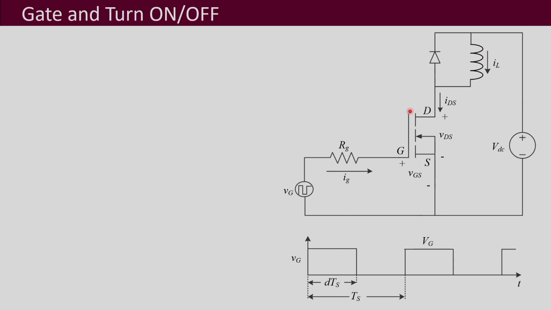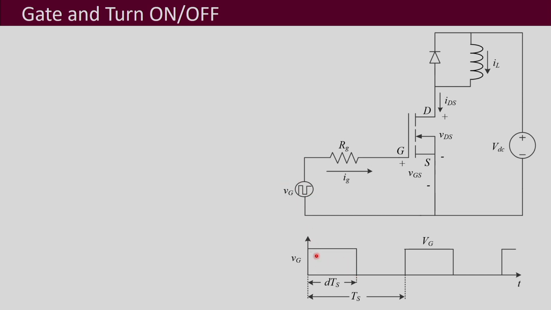Whenever the MOSFET is turned on, the current IL flows through the MOSFET, and when the switch is turned off, the current freewheels through the diode. And this is the nature of the VG waveform supplied by the gate driver circuit, which it is replacing as a voltage source.